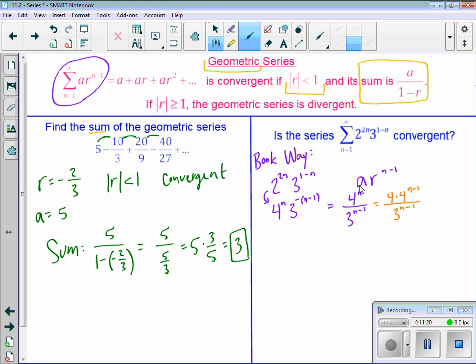And then if we're trying to get it to look like this still, we can group together these here, and that's going to turn into what to the n minus 1? 4/3, right? So we're going to have 4 times 4/3 to the n minus 1.